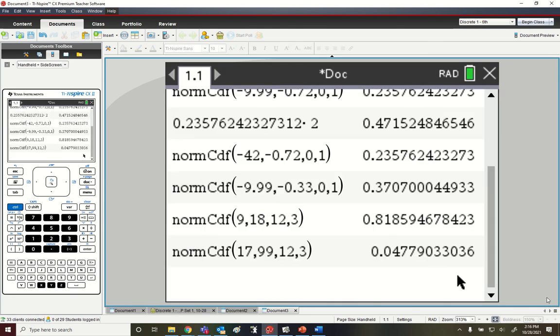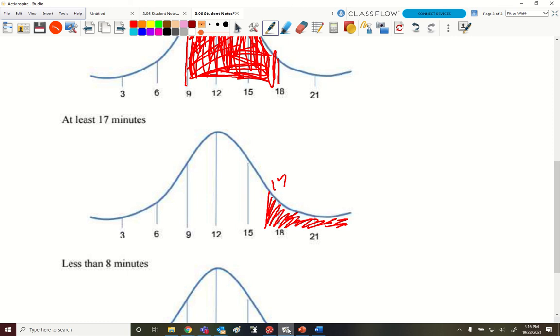So there we go. Now I get 0.0478. So that tells me that there's 4.78% of people.